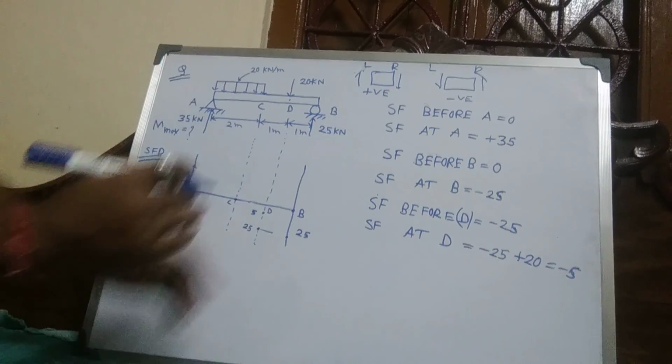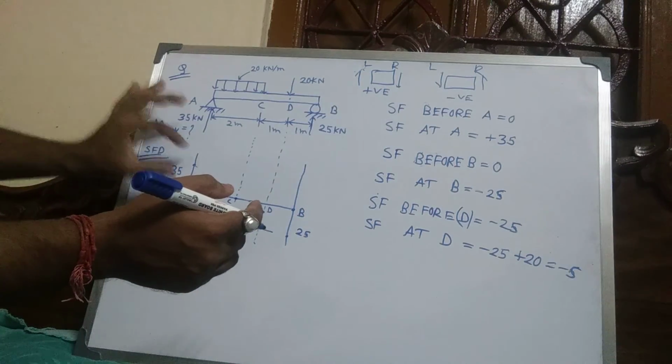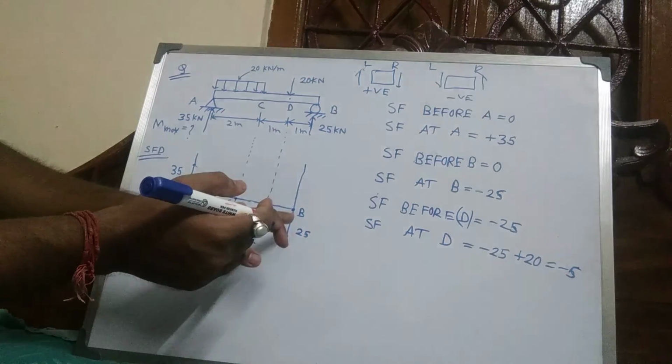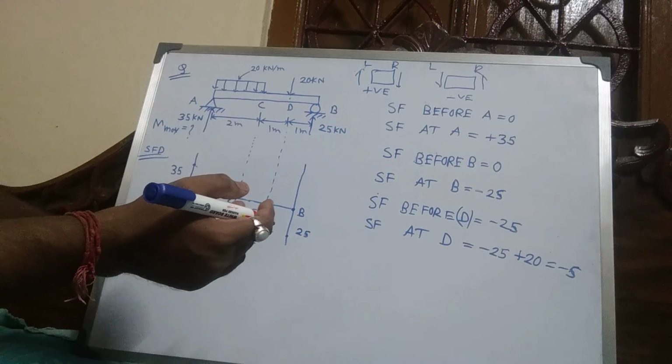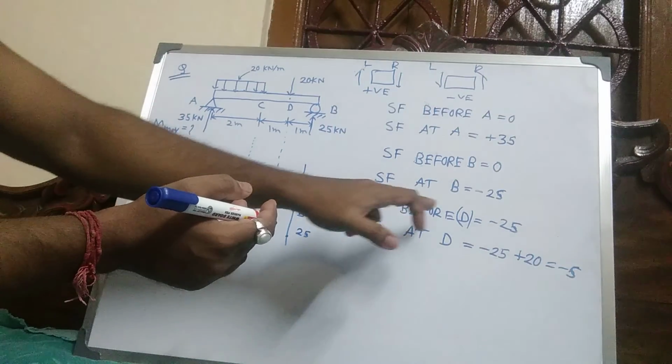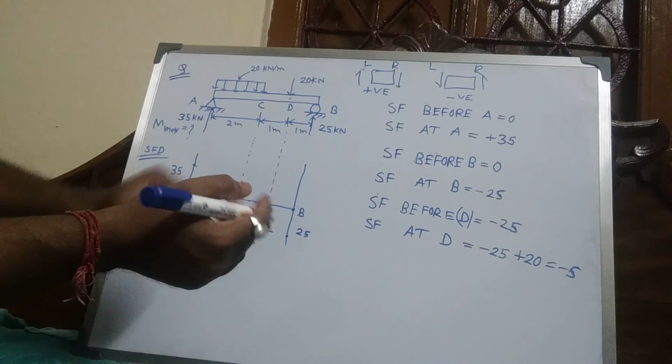Now first, shear force before A is 0, shear force at A is 35. Shear force before B is 0, shear force at B is minus 25. Before D this is constant 25, and at D minus 5.